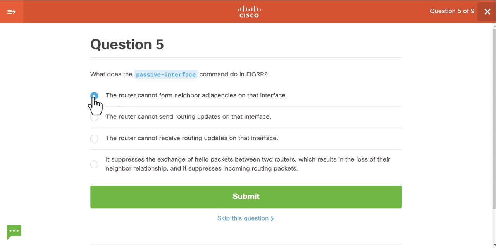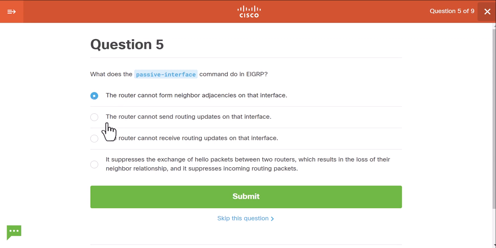Unlike RIP, which doesn't establish any neighbor adjacencies, EIGRP does that, and basically when an interface is configured as passive, that means that we do not expect any EIGRP router to be connected to this interface, and essentially the hello communication as part of EIGRP is turned off on this interface.